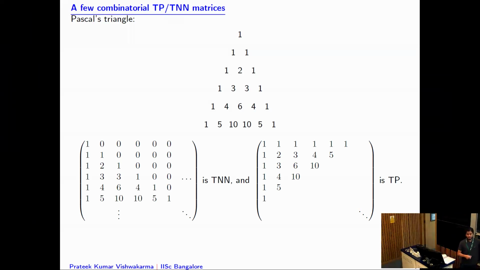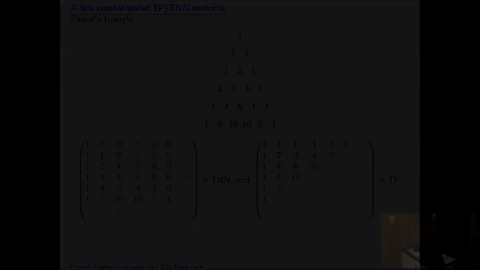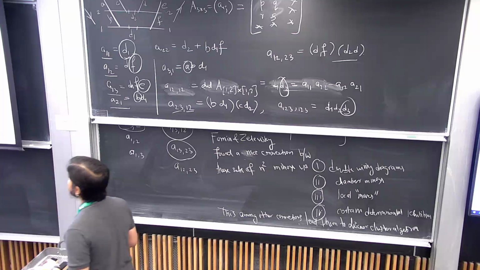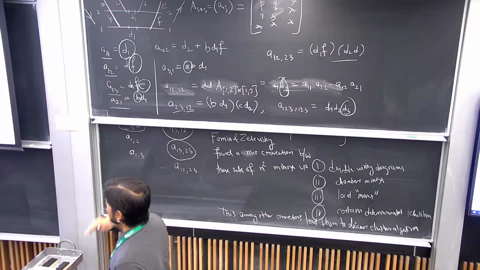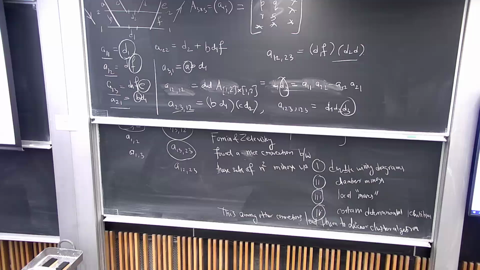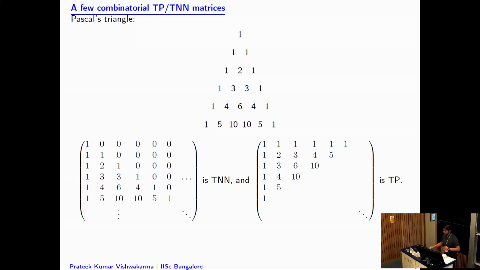And the first one is going to be totally non-negative. And the second matrix is constructed by writing each of the rows in the Pascal's triangle as each of the anti-diagonals in the matrix. Then the matrix that we get is totally positive.